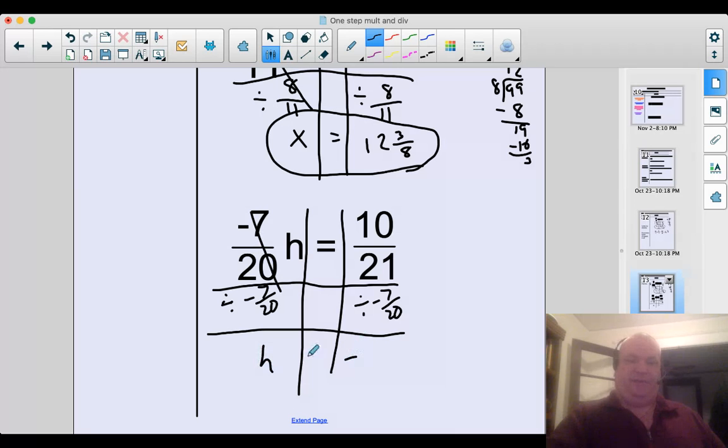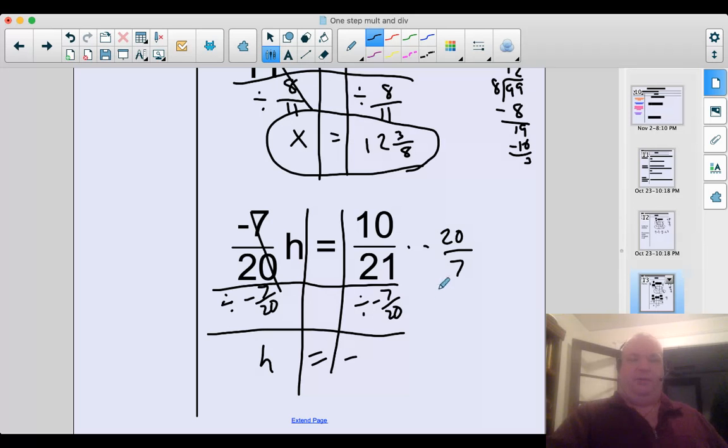That goes away, so I get h equals, okay. So I'm dividing by negative 7/20, which means I'm multiplying by negative 20/7. Now, don't get too wrapped up in whether the negative is at the top number or the bottom number. It doesn't really matter. Just think of the whole fraction as being a negative.